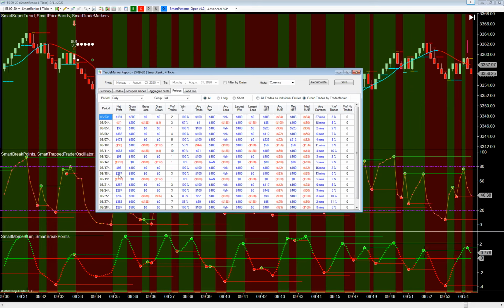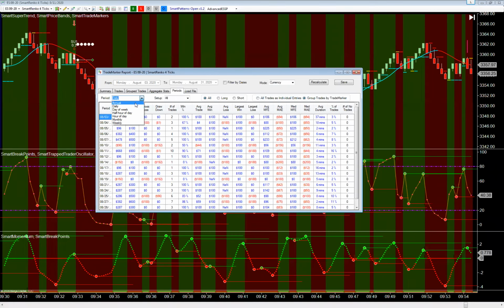Our two largest losing days for the month trading this system were $192. You can see there was never a lot of drawdown. And I don't know how many, 13, 14, 15 winning days. And the 4 days that the system didn't work very well.